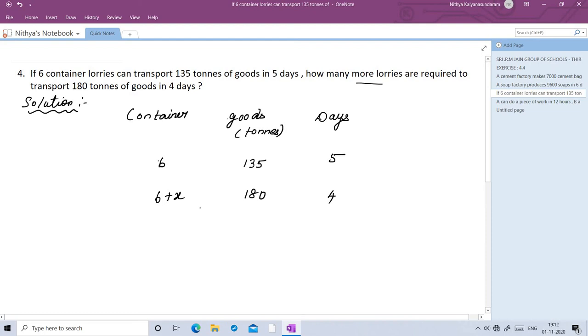So look at the goods and days. Then identify whether it is direct or indirect proportion.